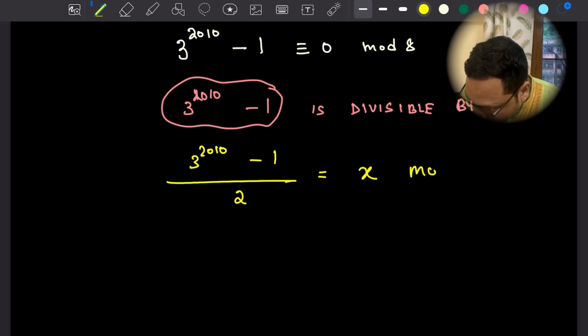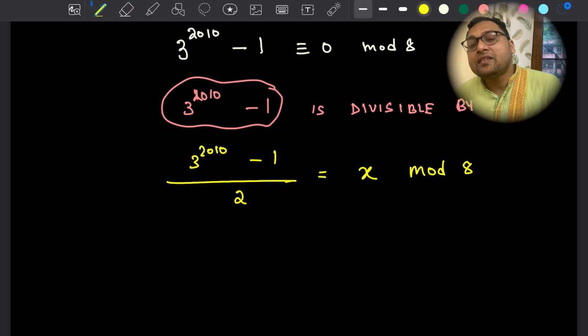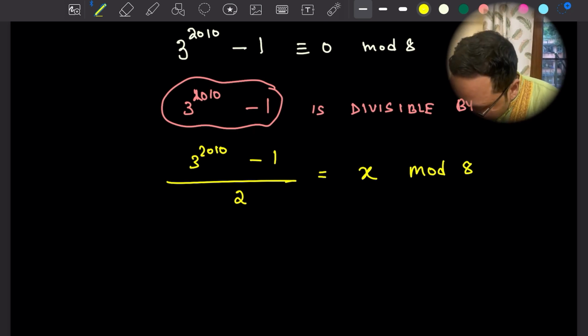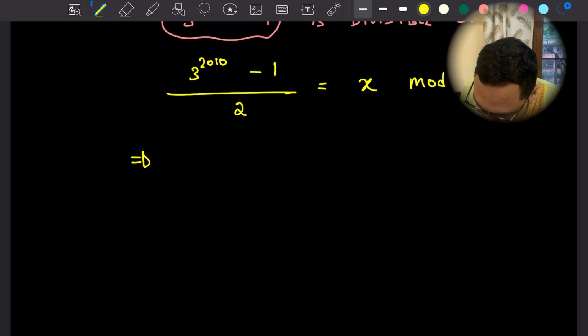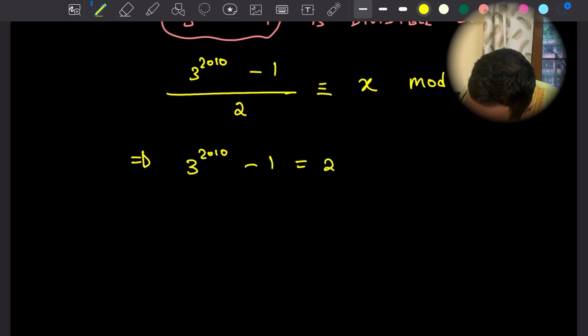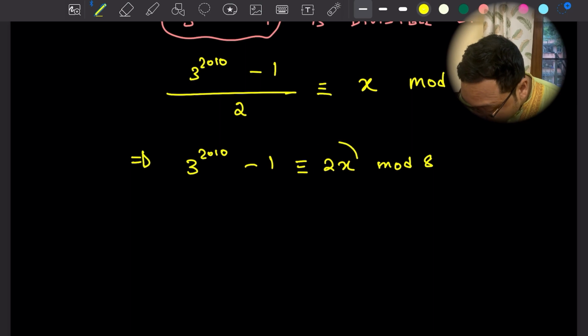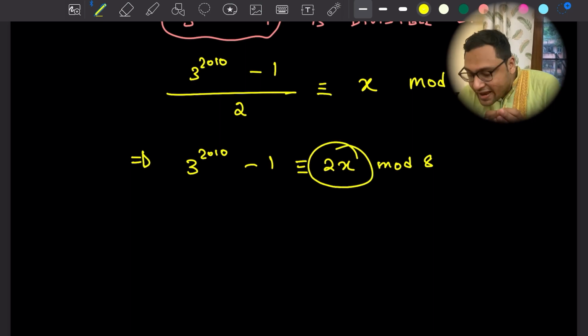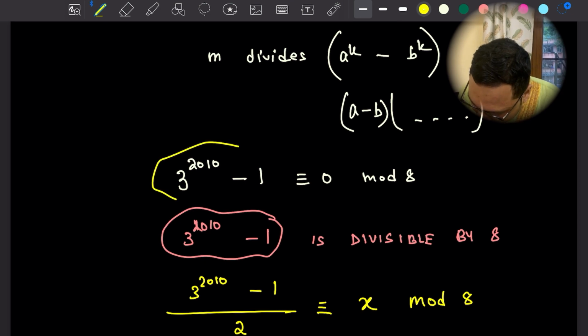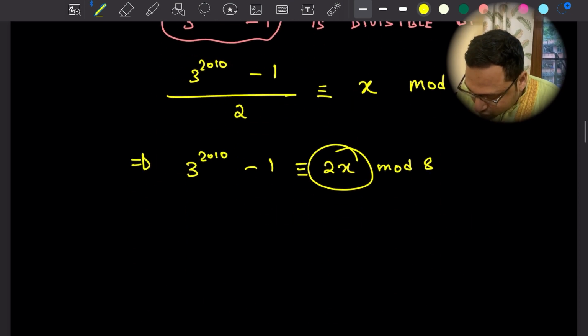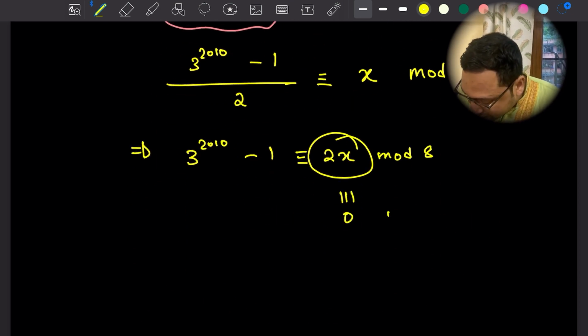This is modulo 8. You can check that 3 to the power 2010 minus 1 is congruent to 2x mod 8. We already know that this is 0 mod 8. So 2x is congruent to 0 mod 8.